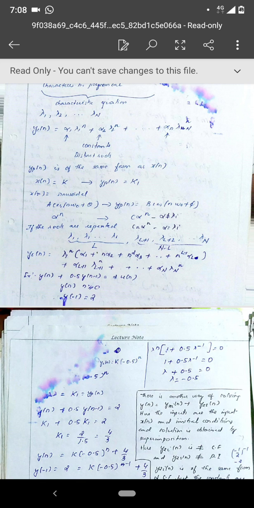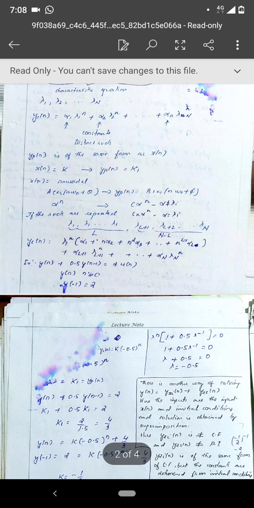There can be a situation where some of the roots are repeated. Likewise, you can see at the bottom of the page, y CF of n is equal to lambda 1 raised to n into alpha 1 plus n into alpha 2. Sorry, that is if some of the roots are repeated, let us say that lambda 1 is repeating L number of times.